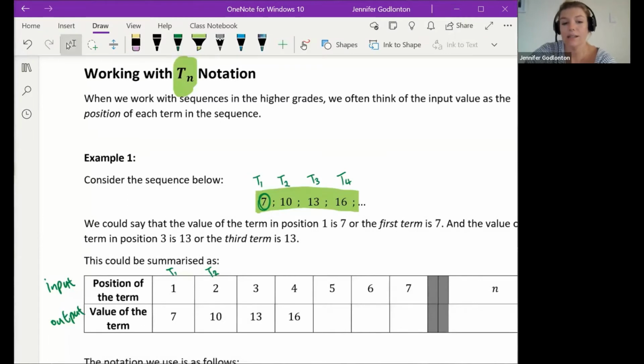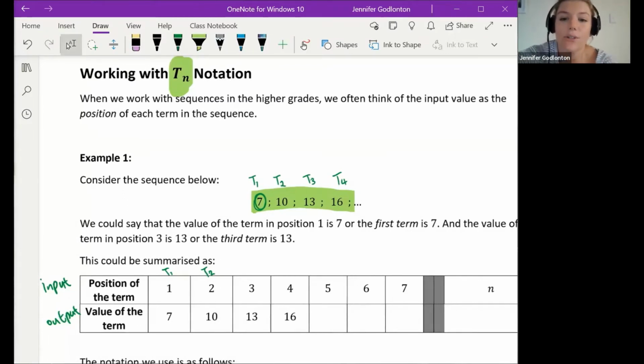And so now looking at this table, if you are using things like n and tn, try and look at the table and try and use it as some help. Is n or tn going to be my input? N. N, beautiful.